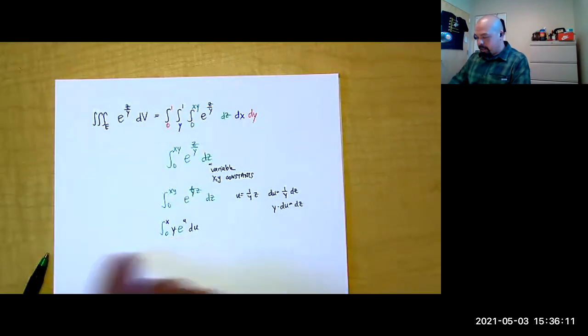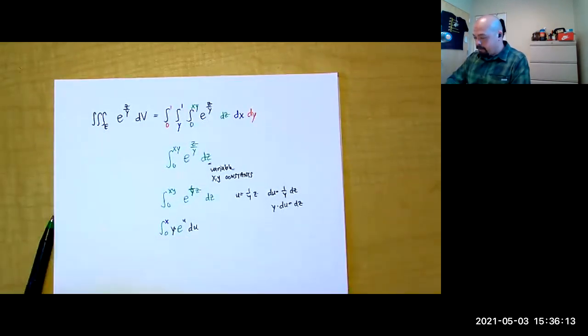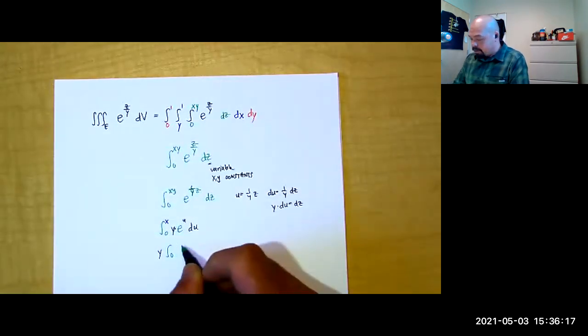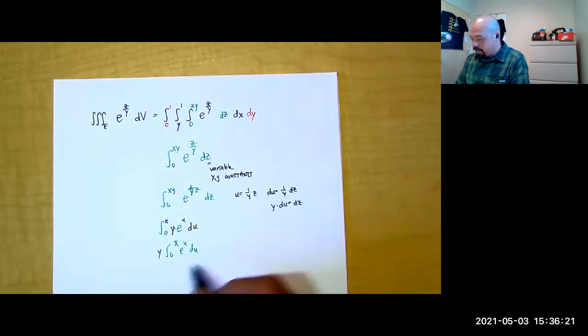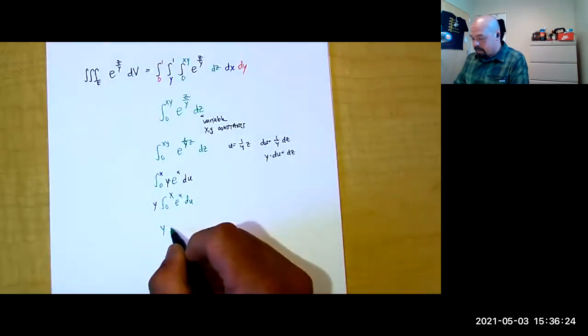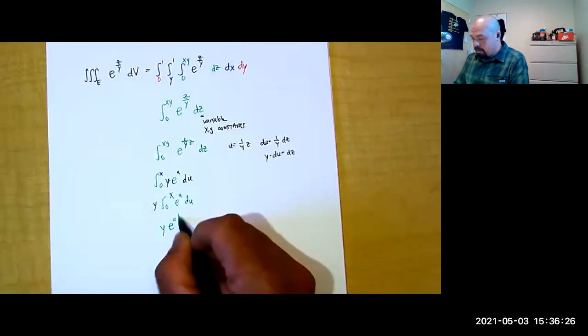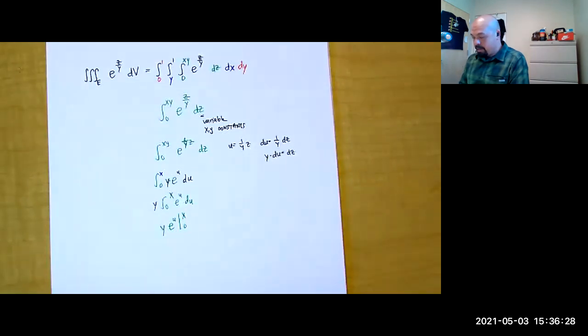Integrate here, y is the constant. Integrate 0 to x, e to the u du. y times e to the u, evaluated at x and 0.